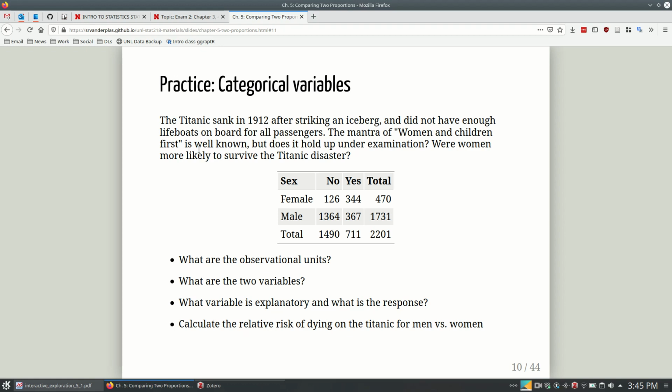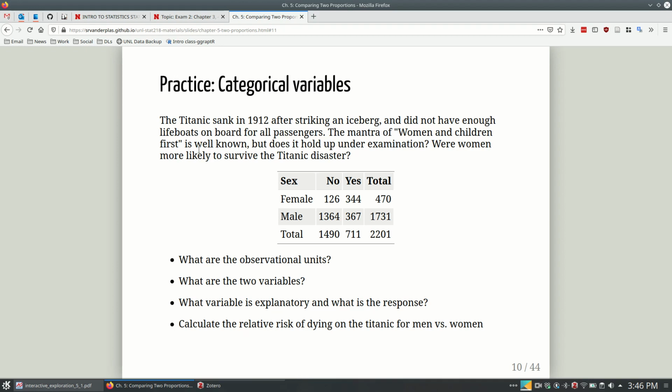Yeah, then the response would be whether they survived.